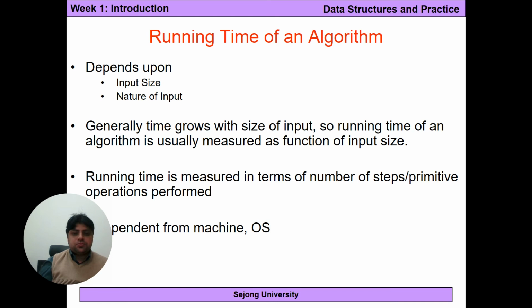It can be steps or primitive operations. It is independent of machine or operating system. Your machine can have good specifications or a good operating system, but the main things are the input size and the nature of the input. These are the two main things for the running time of any algorithm.